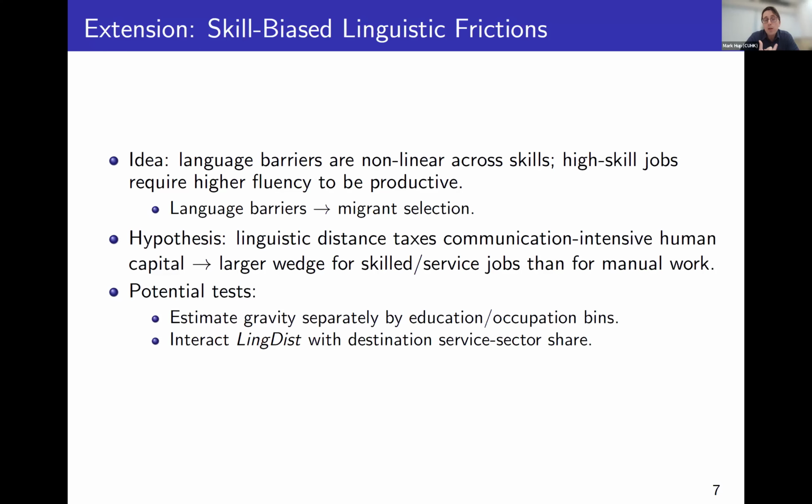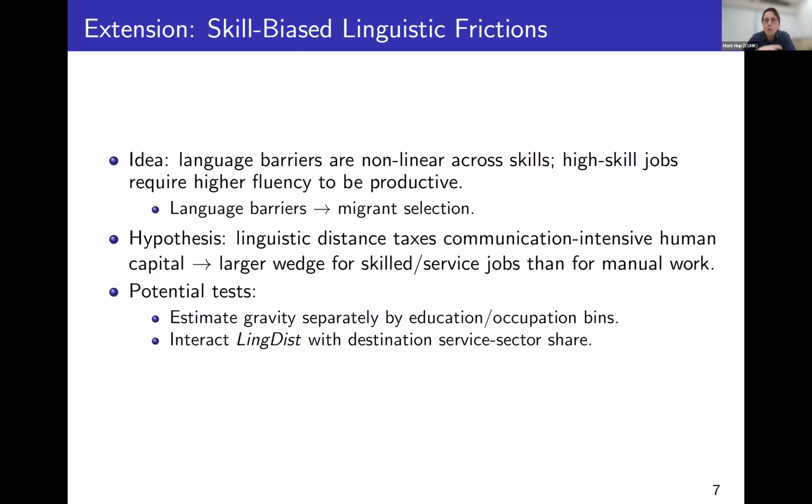Perhaps this linguistic distance particularly taxes communication-intensive human capital. Then we would expect there to be this larger wedge for skilled and service jobs rather than for manual work. Now, perhaps there are some ways to test it with the data, but I'm not sure about the data availability.